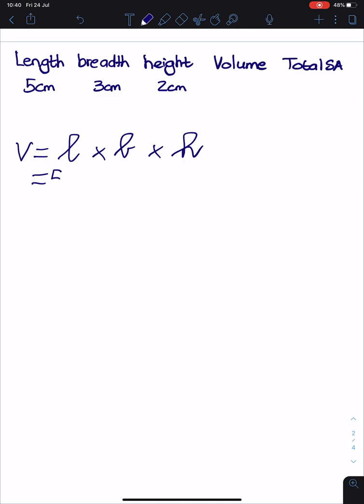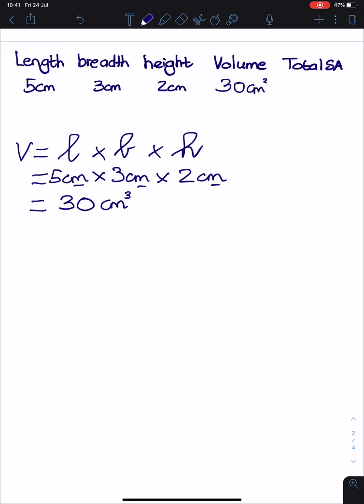The length is 5 centimeters, the breadth is 3 centimeters, and the height is 2 centimeters. And if we multiply those together, 5 times 3 is 15, and 15 times 2 is 30 centimeters, 1, 2, 3, cubed. So we can fill in our volume into the table.